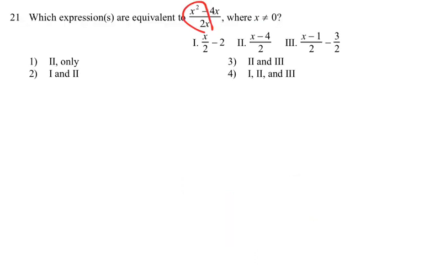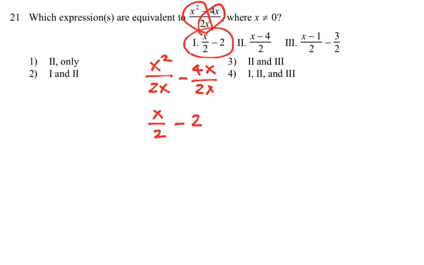Now, which expressions are equivalent? Since 2x is dividing x squared and minus 4x, if I were to separate them, it would be something like this. Now, when you simplify that, x can be cancelled from the first term, and the entire 2x can be cancelled from the second one, so we get x over 2 minus 2, which is the same thing as the first one.